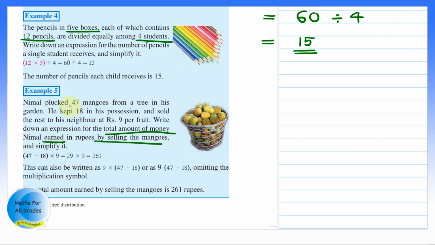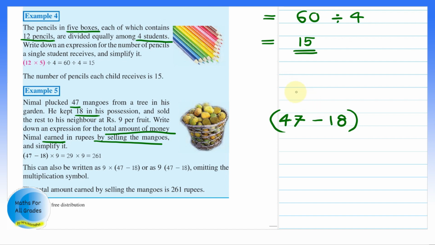First of all, he plucked 47 mangoes. Let's write that down, 47. And then what has he done? He kept 18 for himself and then sold the rest of the mangoes.